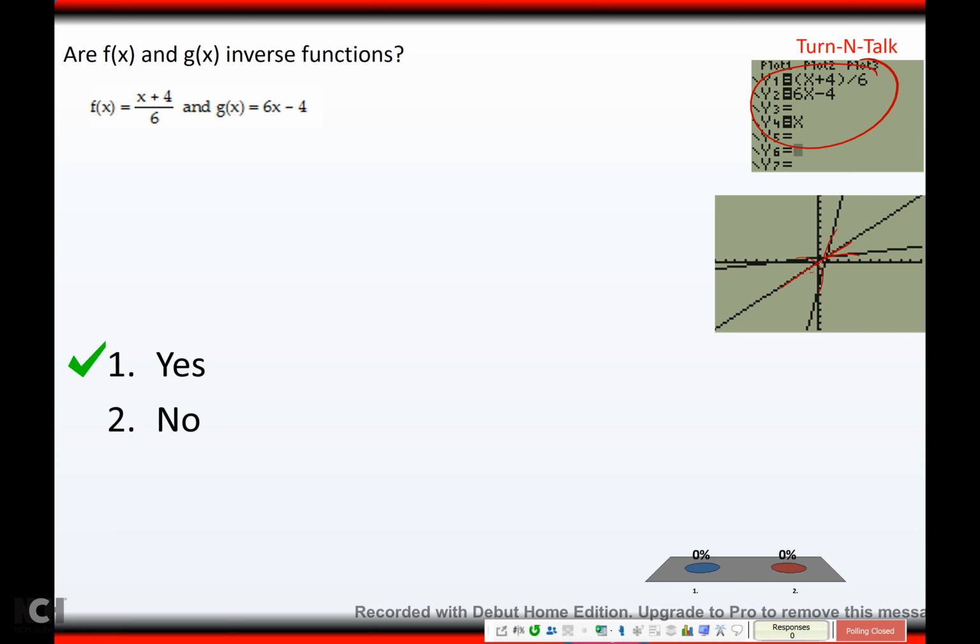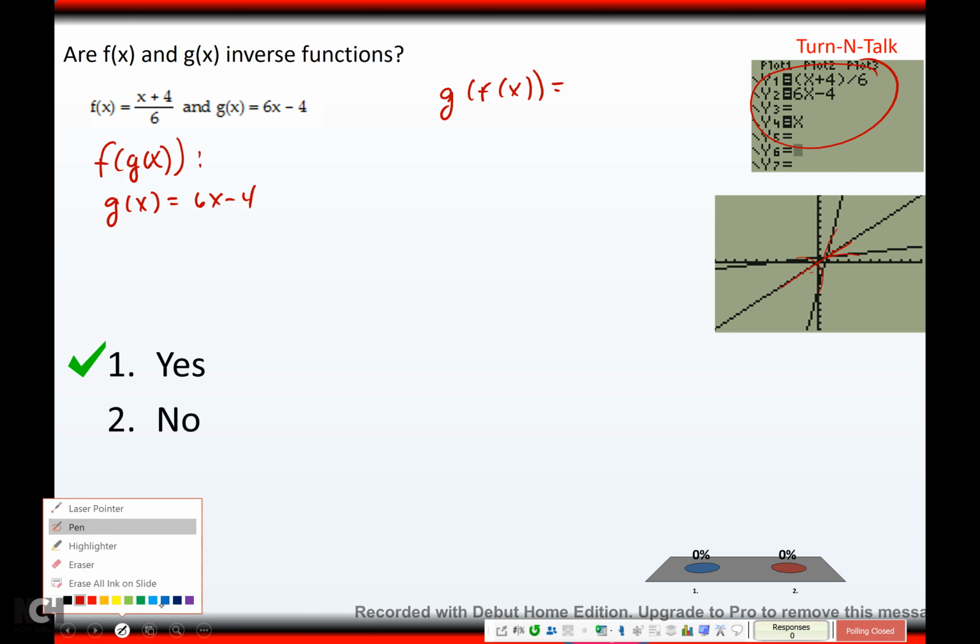But let's do it algebraically. So I have to find f of g of x, and I have to find g of f of x. To do this, we start with the g function, which says 6x minus 4, and we go to f.